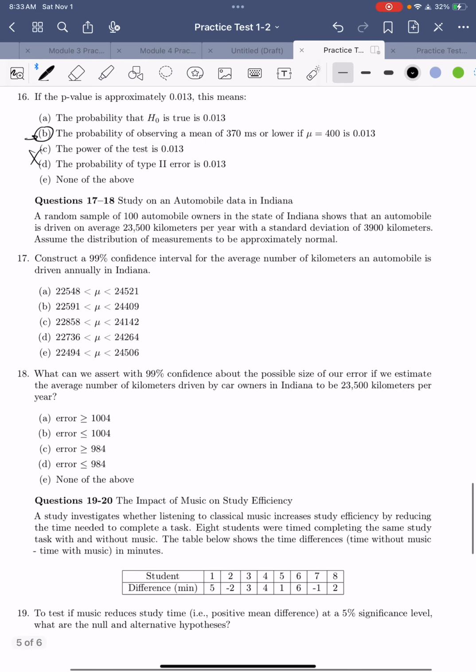But first, let's see what values we have. We have our n, and we have our x bar, our standard deviation for our sample, and we want to calculate a 99% confidence interval, so that's 1 minus 0.99, so 0.01 is our significance level for our average number of kilometers.